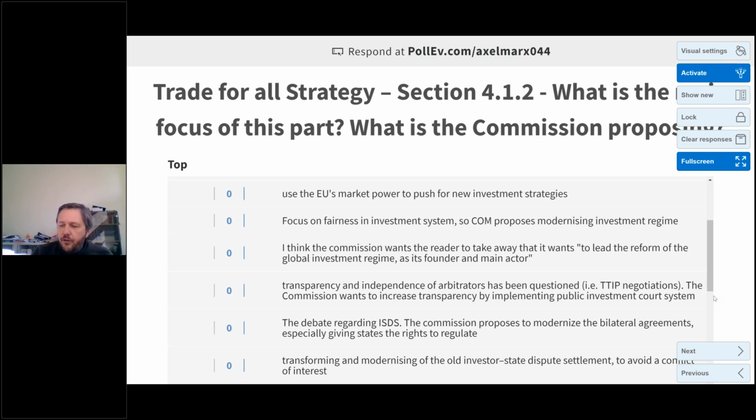So indeed, the main message of that part is that the EU, in its Trade for All strategy, already announced quite strongly that it wants to reform the investment regime and that it actually wants to take a leading role in doing that. It's also important to understand in this context what I mentioned before, that quite a few of the multilateral initiatives in the OECD and in the WTO have failed.